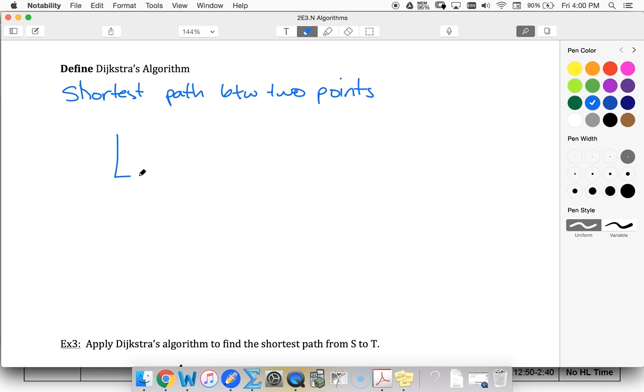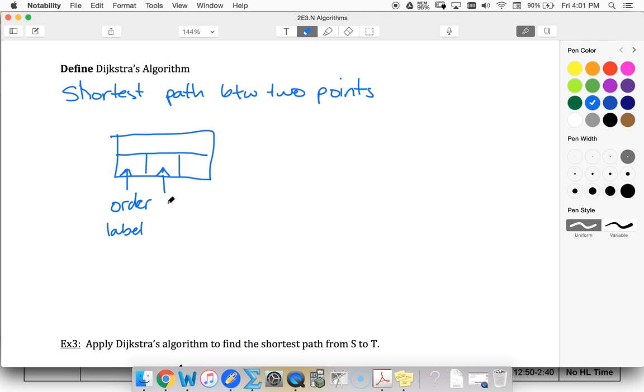For every point, we're going to create a table next to the point. And I like to draw my table this way. In this box here, I'm going to write the order that it's labeled.